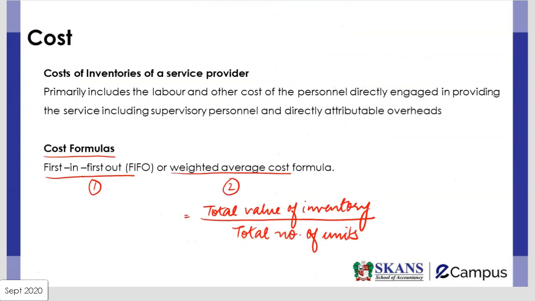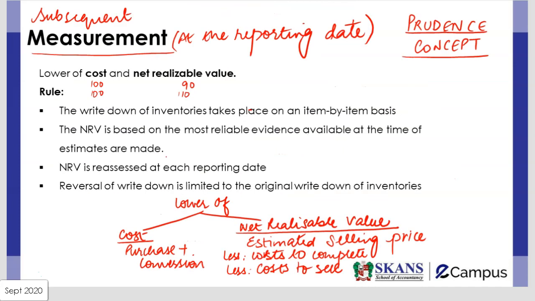So at that point in time, you compare the cost of the item with its net realizable value, and whichever figure is lower, the inventory is recorded on that particular figure. Why all of this is being done? Because as we discussed earlier, as per prudence concept, assets or any kind of inventory should not be overstated.